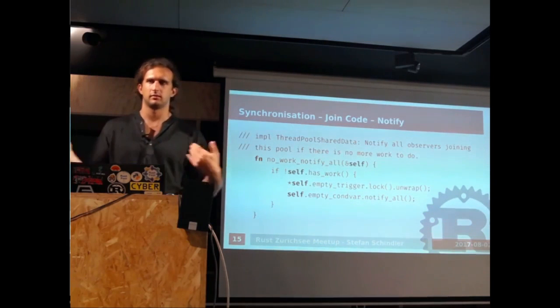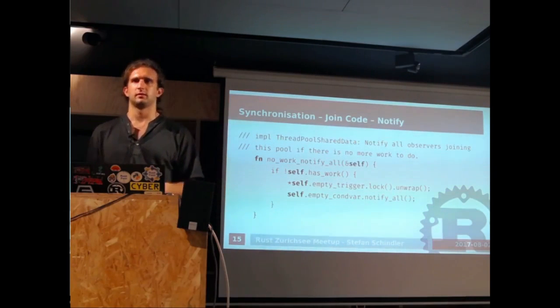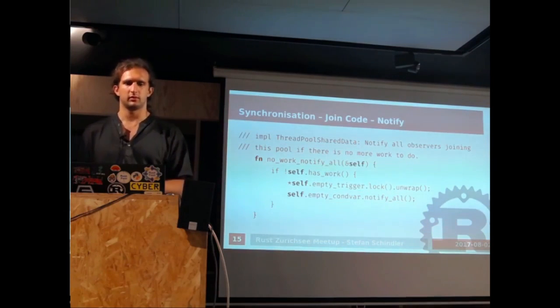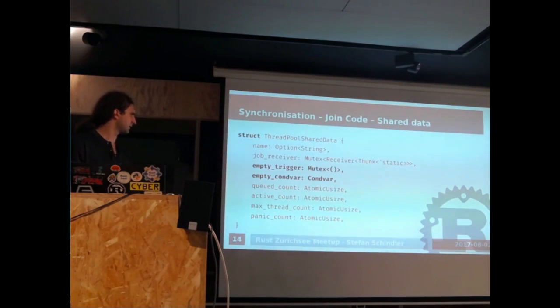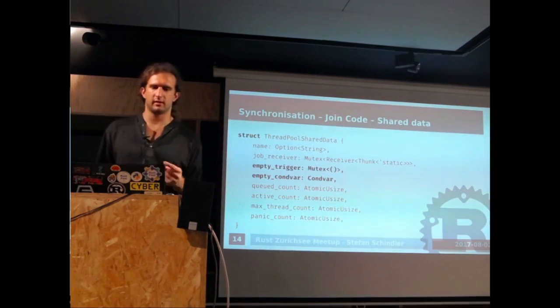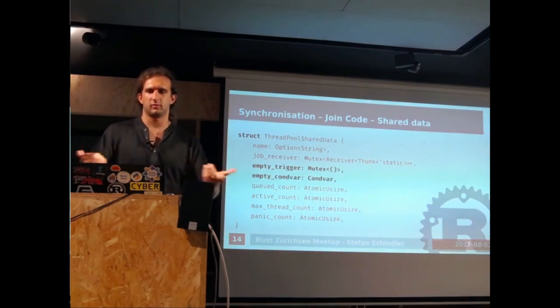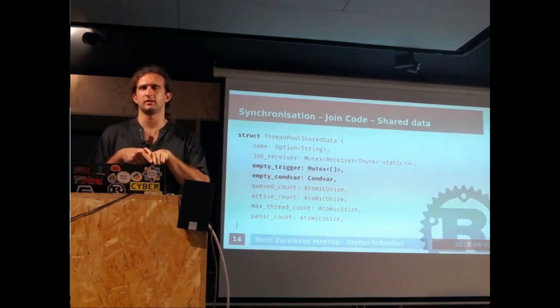But the function has work, it acquires a lock inside it, right? No, has work basically works on all these, no, just on these two. It fetches the queue count and active count atomically and sees if each is still 0.